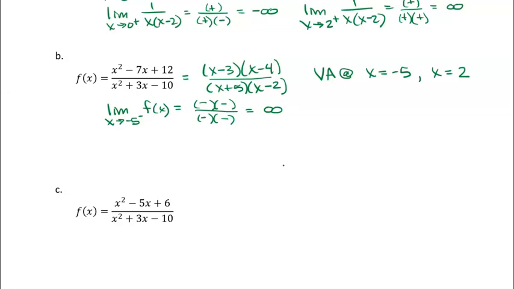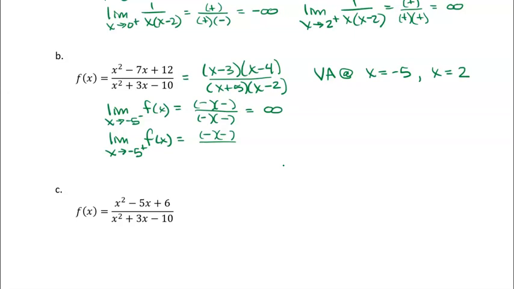All right, and let's do the same thing. Limit as x approaches negative 5 from the right of f of x. Okay, and again, I'm just going to evaluate those factors. Now, because that's negative 5, the numerator is really going to be the same, right? And the only thing that's going to change is that x plus 5 factor.